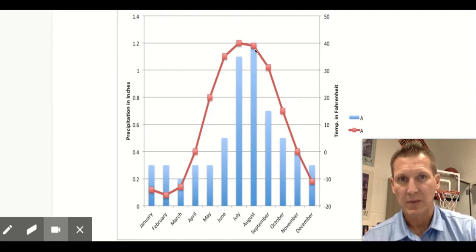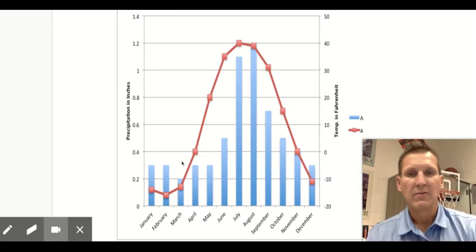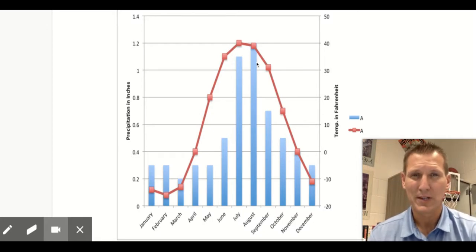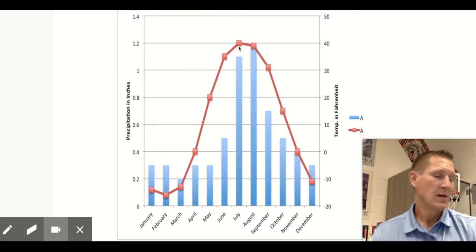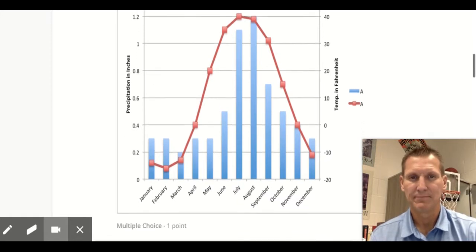The highest is in August, about 1.2 inches. Very dry, very cold winters. Summers that are almost 40 degrees with a little bit of precipitation. We're looking at a tundra in this case. All right, go ahead and do the next climograph and then come back to the video.